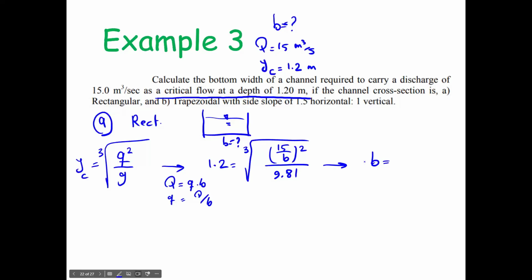Did you find B? Yes. Do you have 2.5? Yes or no?